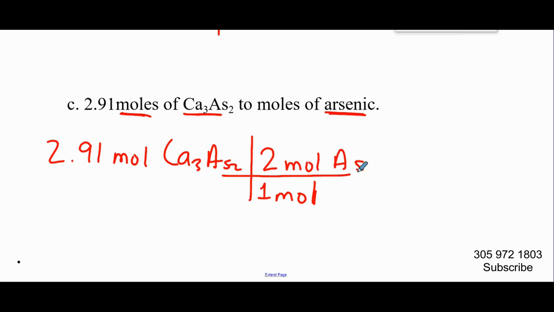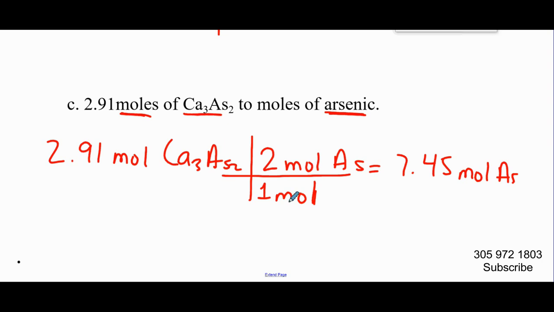If I did my math correctly, it should be 7.45 moles of As. How did I get these numbers? 2.91 is given to me, so I just write that down. Moles of Ca3As2, I wrote that down as well.